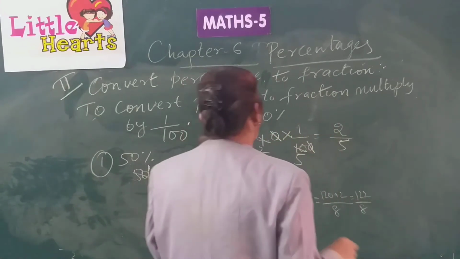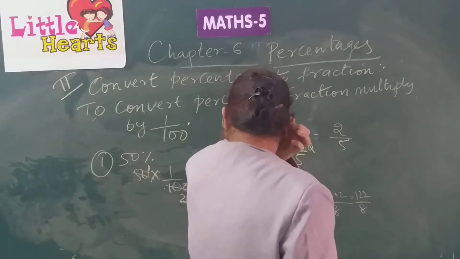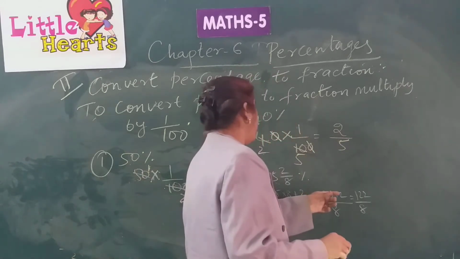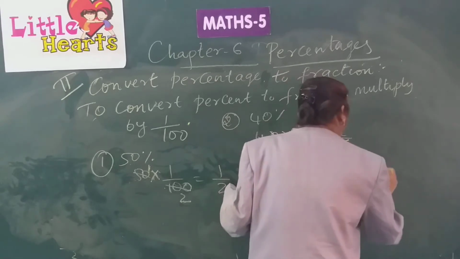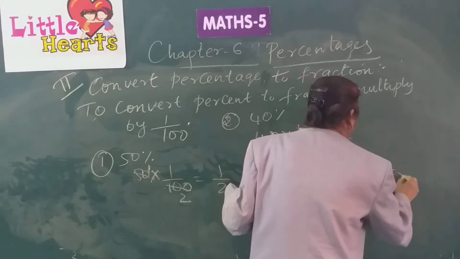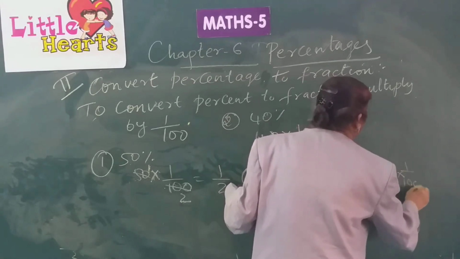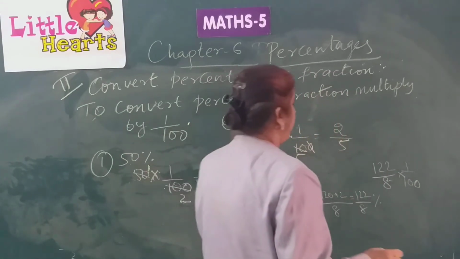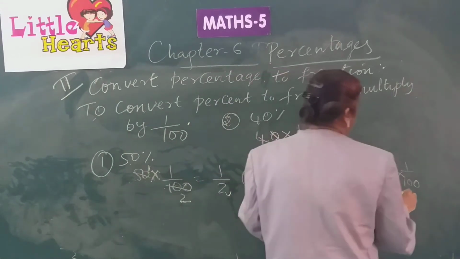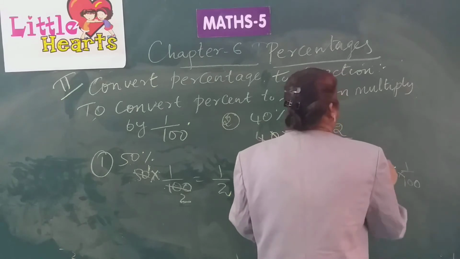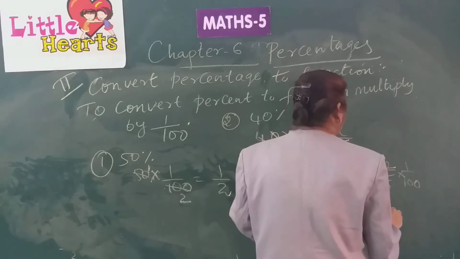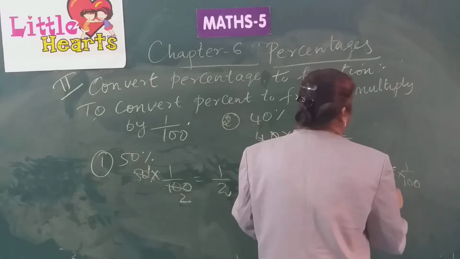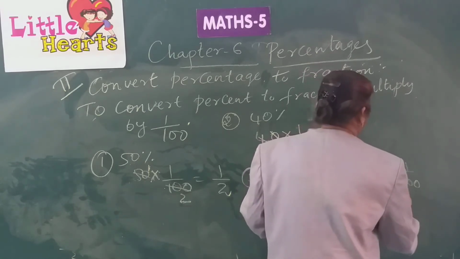To convert into a fraction, 122 by 8 into 1 by 100. 2 6s are 12, 2 1s are 2, 2 4s are 8.